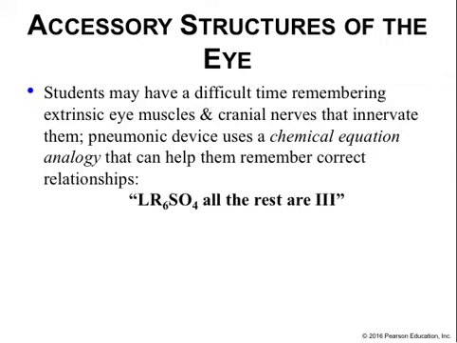LR6, SO4, all the rest are 3, right? Lateral rectus, which is innervated by cranial nerve 6, and then superior oblique, innervated by cranial nerve 4, and then all the rest are oculomotor, which is cranial nerve 3. Okay.